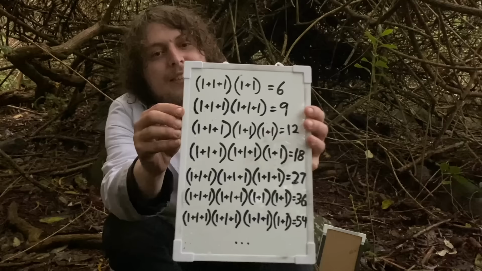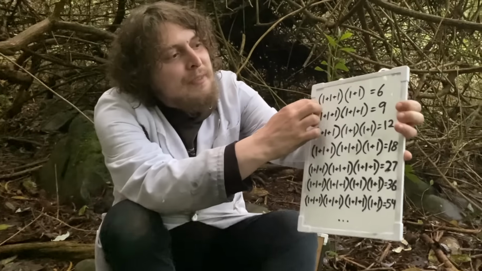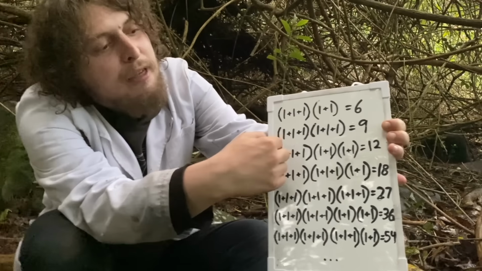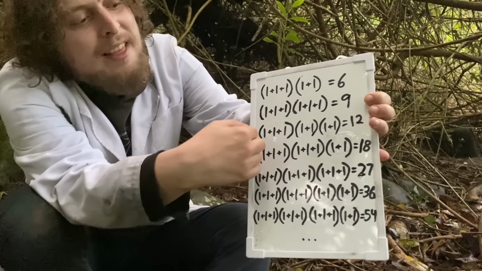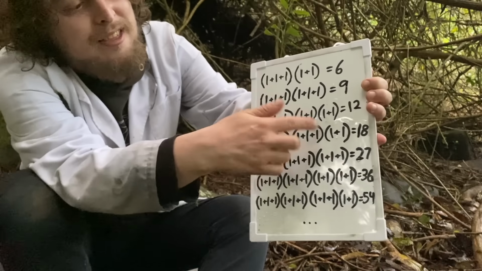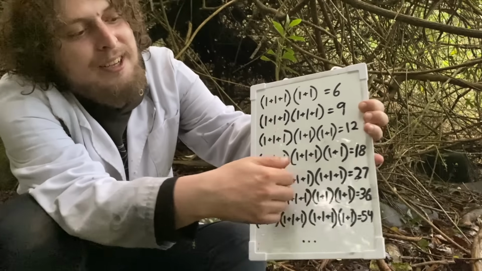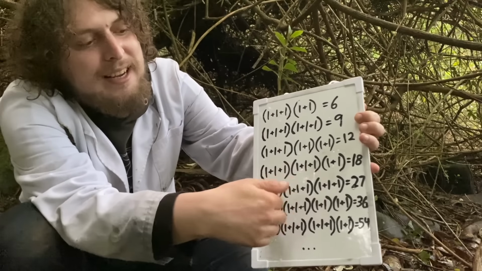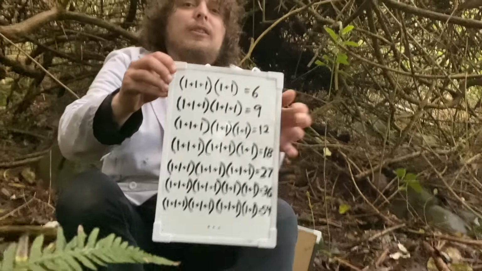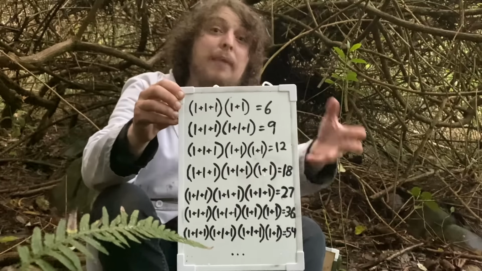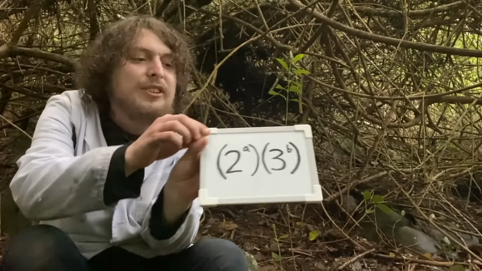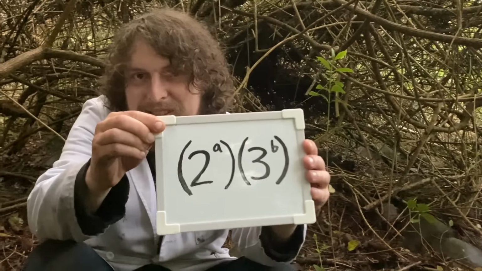And in fact, this pattern goes: there's some 3s and a single 2, then just 3s, then 3s and a pair of 2s, 3s and a single 2, just 3s, 3s and a pair of 2s, and this pattern repeats. All of the largest numbers you could make with a given amount of ones are in the form 2 to some power times 3 to some power.